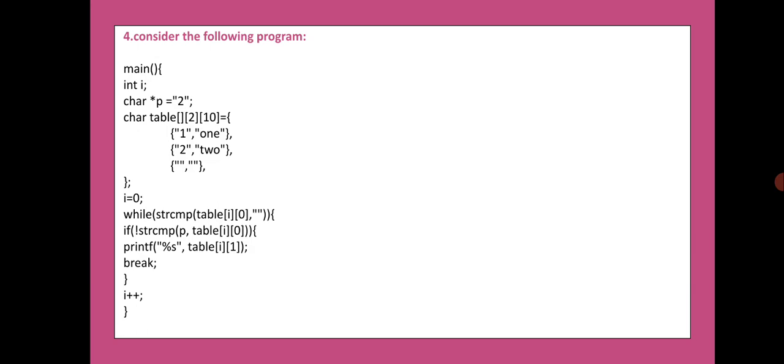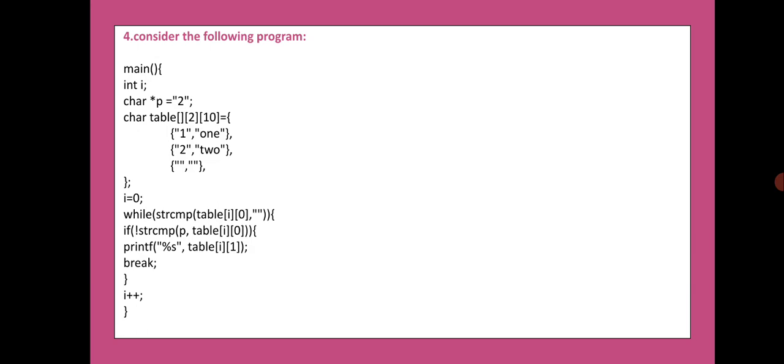Here we have while strcmp(table[i][0], ""). If not strcmp(p, table[i][0]), so we are comparing p and table[i][0] in the next statement. If this is not it, then printf %s table[i][1], break, i plus plus.